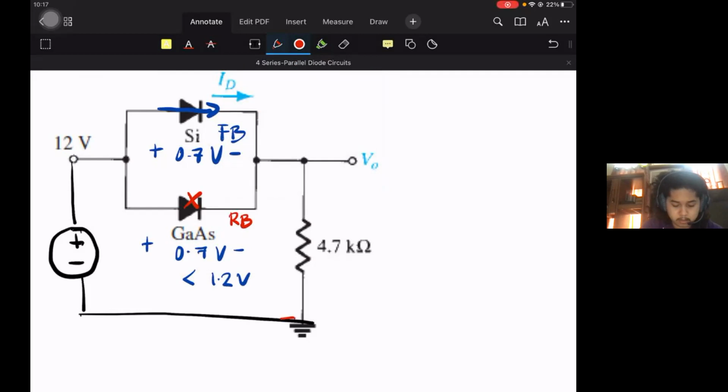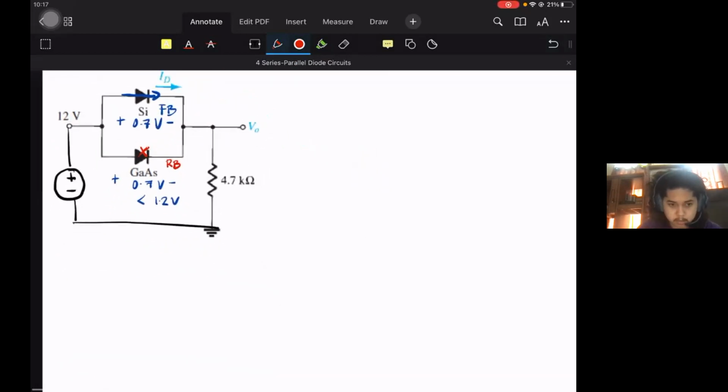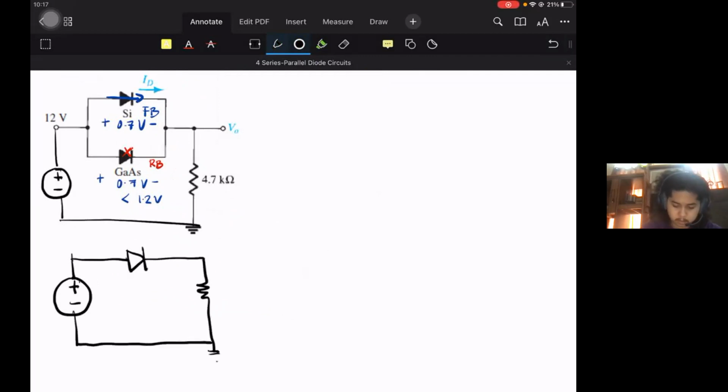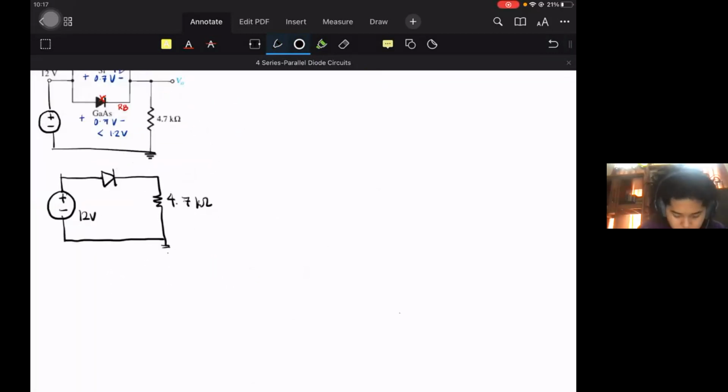If we trace the current, it does not pass through there. No current flows. So our circuit is converted into a purely series circuit, one that we solved extensively last meeting. It has 12 volts and 4.7K, so it is easy to solve.